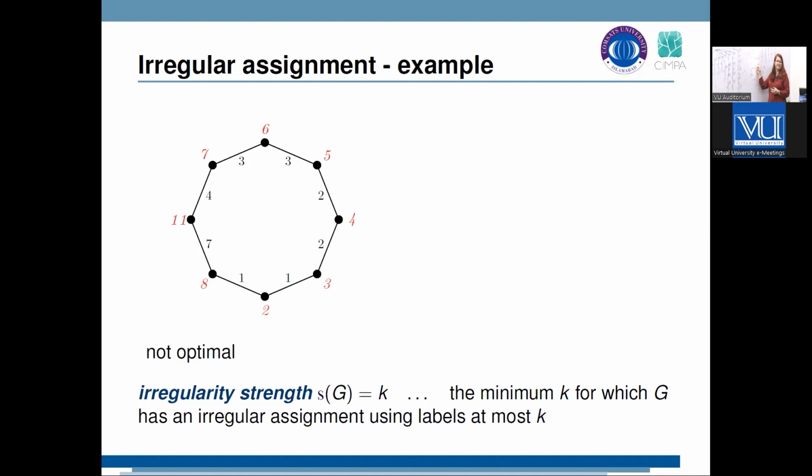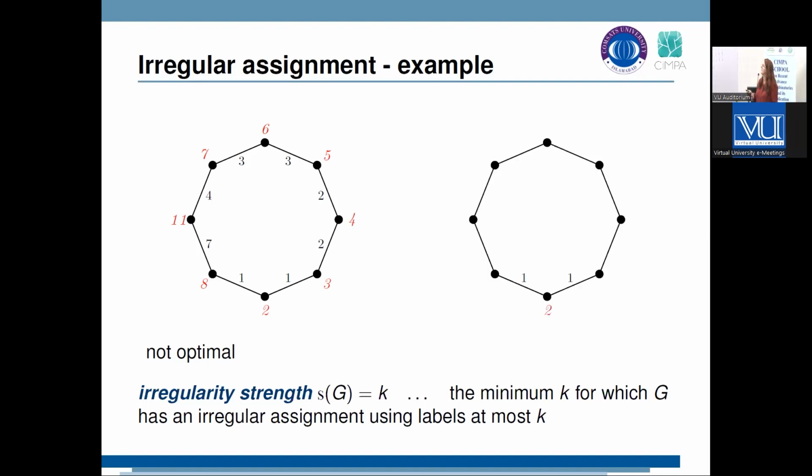It cannot be less, because the maximal vertex weight must be at least 9, and 9 must be the sum of 2 integers. So we have that the maximal label must be at least 5.